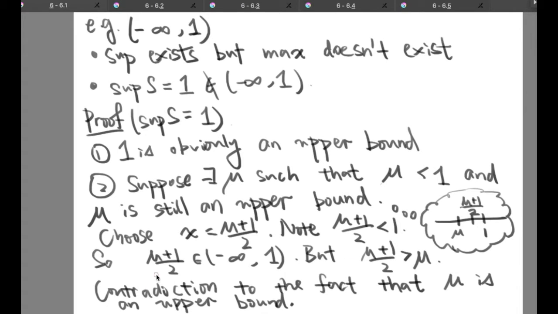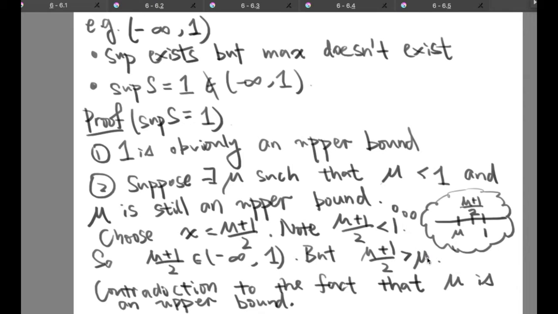And from this picture we obviously see that (mu plus 1) over 2 should be smaller than mu, so it should lie inside the interval negative infinity up to 1. This is from the definition of this interval. From this picture we also see that (mu plus 1) over 2 is bigger than mu. But remember that mu is an upper bound, and there is nothing that can be bigger than mu.